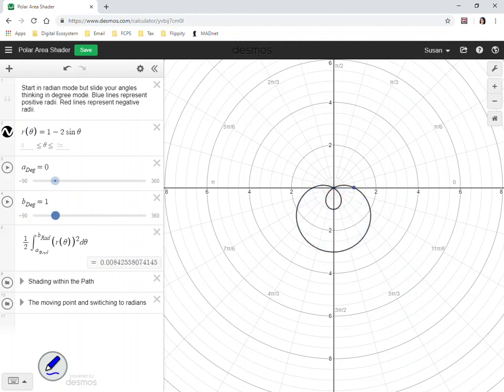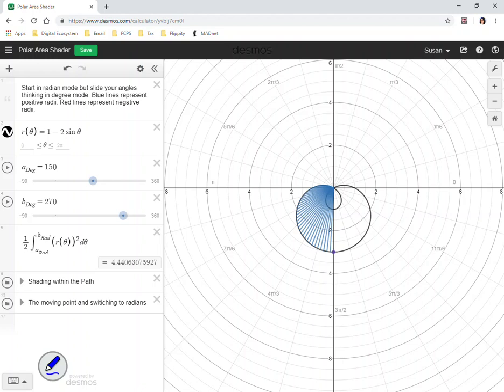The other way is to integrate. Some people like to start their point where the loop ends, at 150 degrees, I think, and go to here, calculate that area, double it, and then take out the inside.